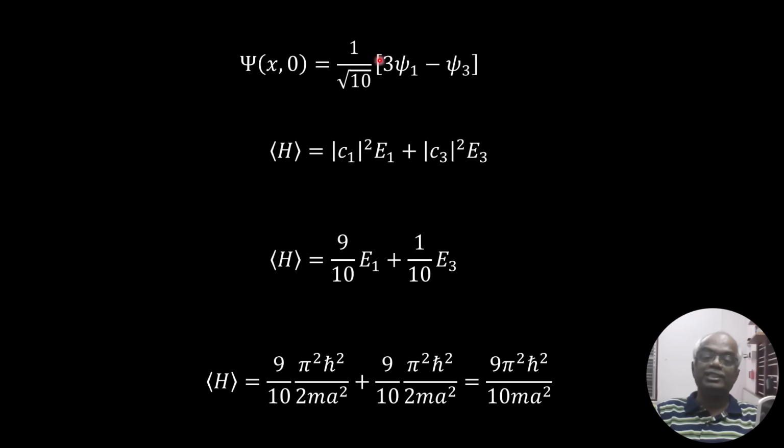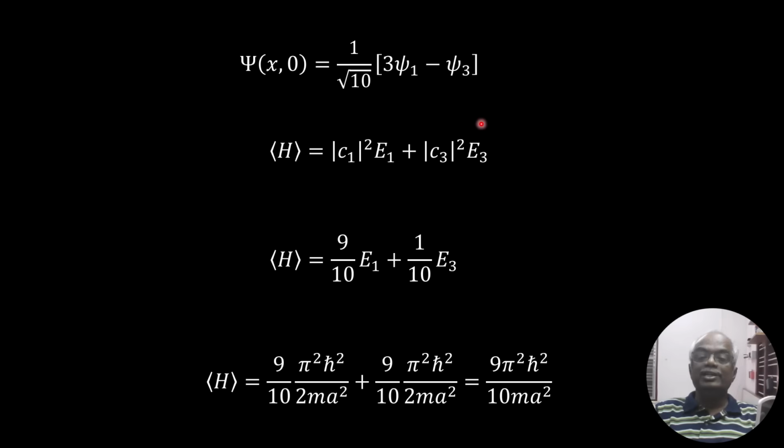C1 is 3 by square root 10. So this will become 3 squared is 9, and the square root of 10, if you square it, you will get 10. So 9 over 10 times E1. Since we are taking the modulus square, this minus will go away. So you will get 1 over square root of 10, and if you square it, you will get 1 over 10 E3.